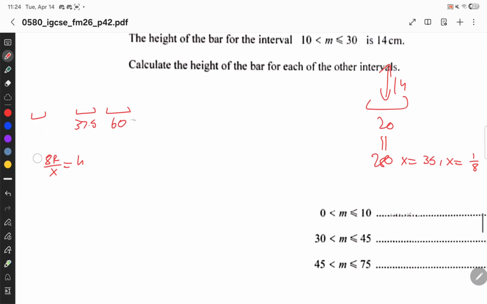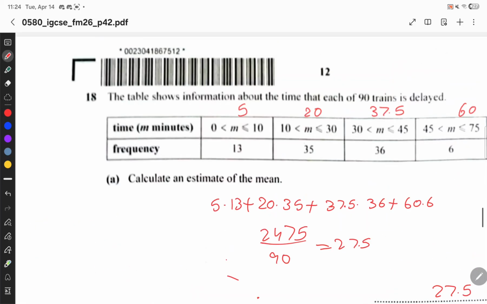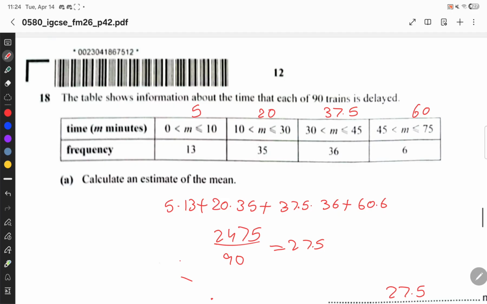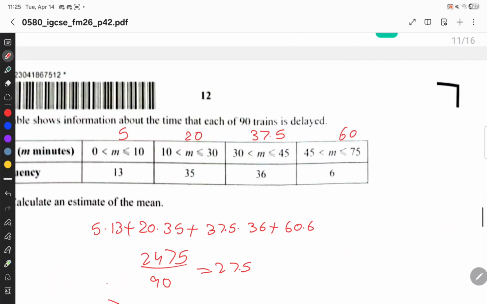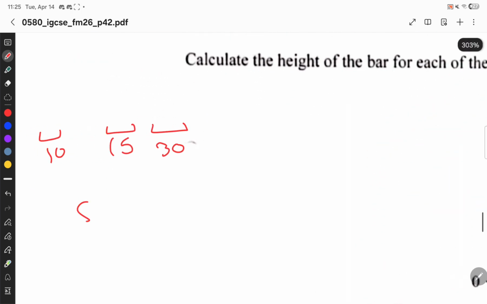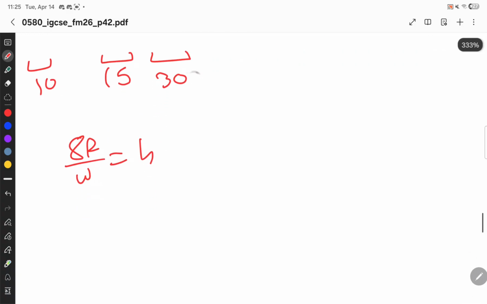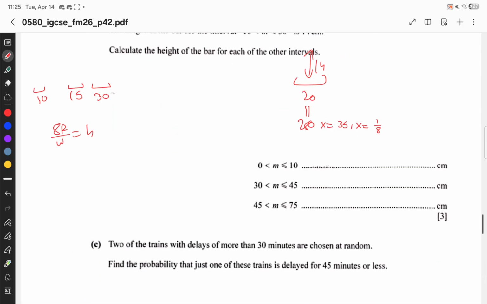Sorry. The width, yeah, we have to work out the width. This is just a coincidence. The width of this is 10. The width of this is 45 minus 30, which is 15. And the width of this is 75 minus 45, 30. So this is the same, 8f over width equals height. The frequency is 13 times 8 divided by the width 10, so this is 10.4.